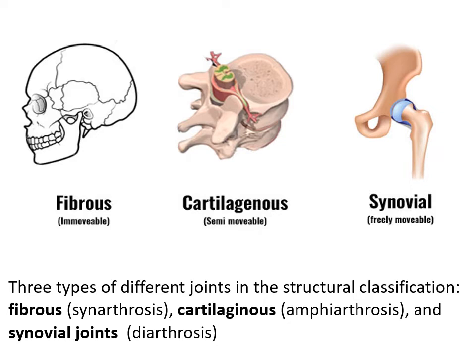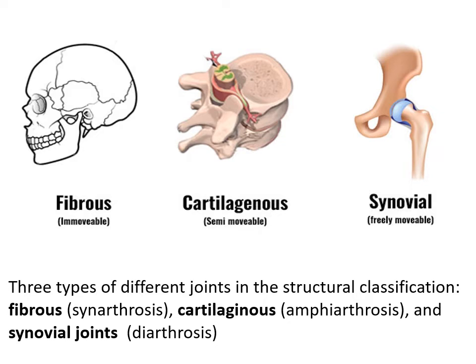Cartilaginous joints, I would think of the spinal column. Those are joints where between the bones, it's essentially all cartilage. The intervertebral discs are basically shock absorbers, and there'll be cartilaginous joints between the vertebral bodies.